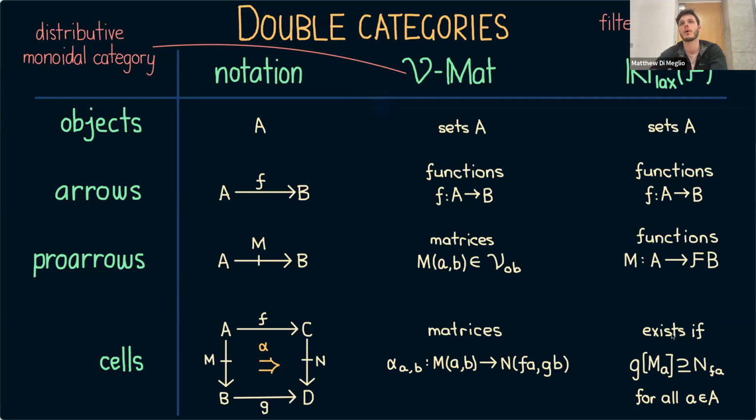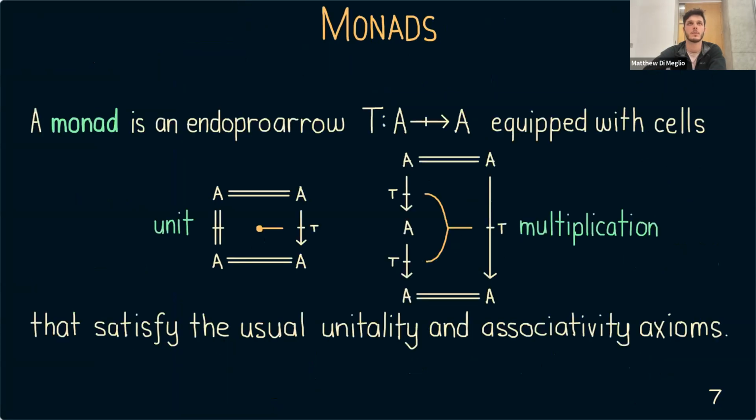So this is incorporating this order structure on the set of filters on a set. So this is the second double category of interest to us today. And as I said, from this double category, we're going to get various topological notions. Cool. So they're the two double categories that we're going to talk about.